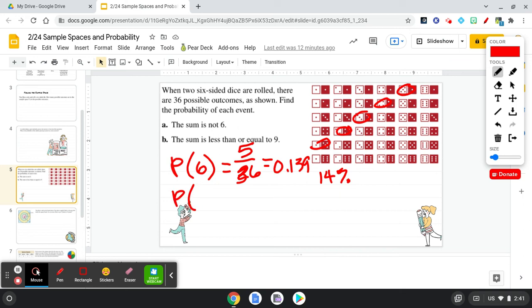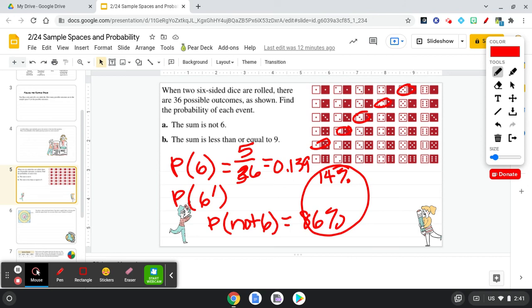So the probability of not rolling a 6, or we could just say not 6, either way, is going to be the other 86%. Because these two things are complements, we have 6 and not 6, they have to add up to exactly 1. So 14 plus 86 equals 100%.